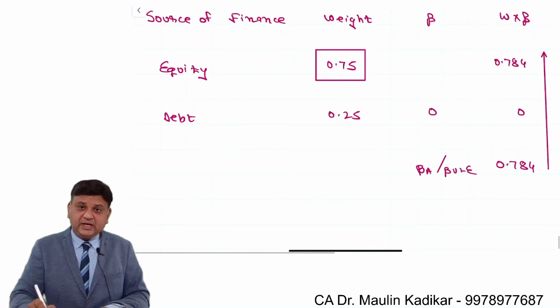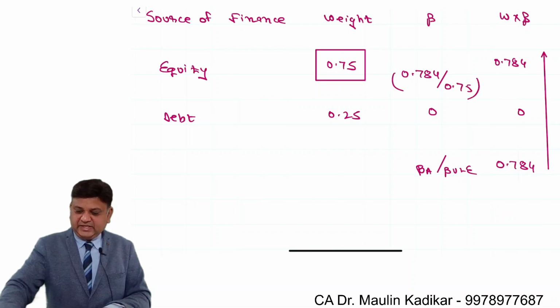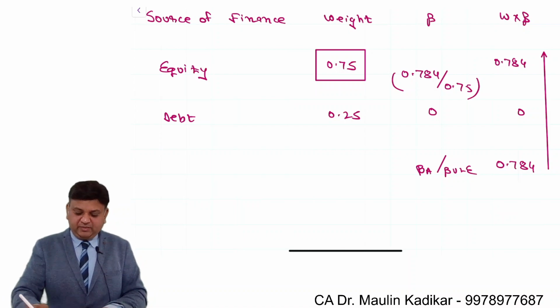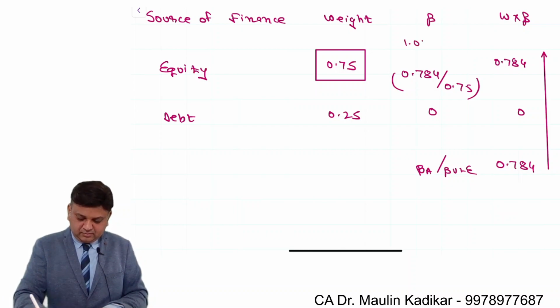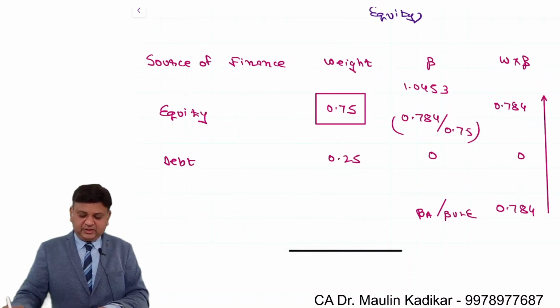and accordingly again this will be found as balancing figure 0.784 divided by 0.75. So the answer is 1.04533 or 1.0453.